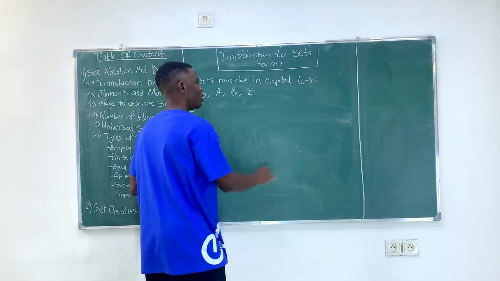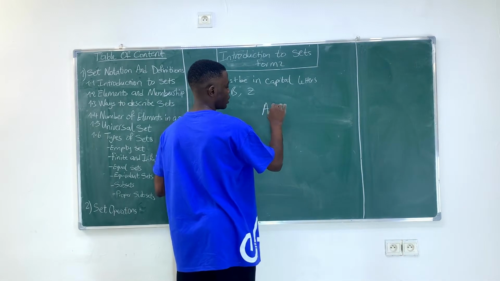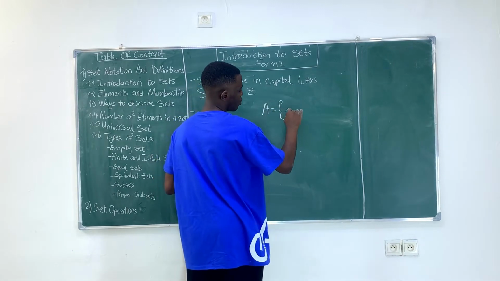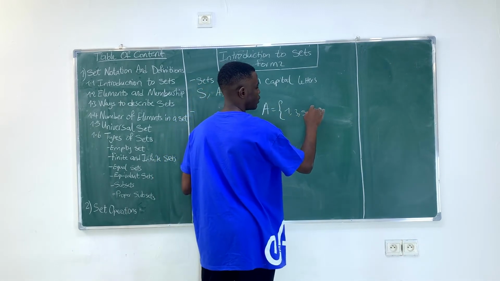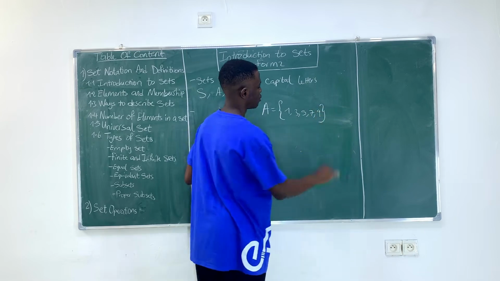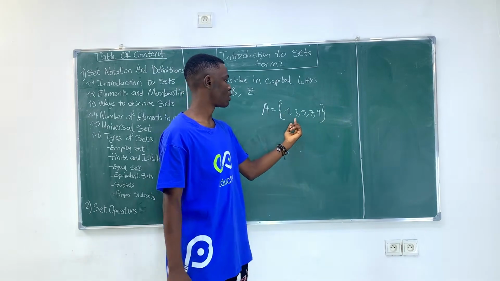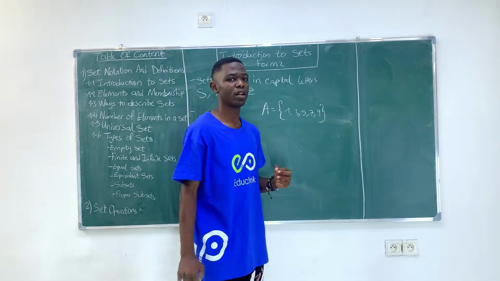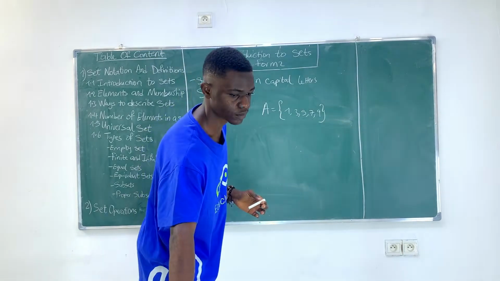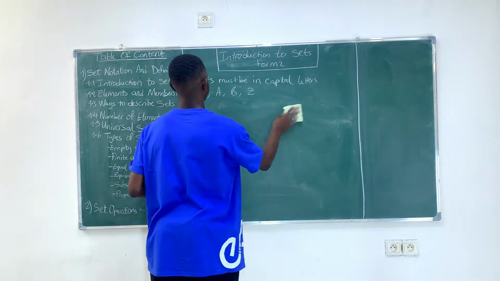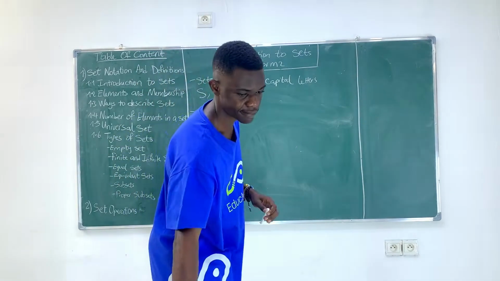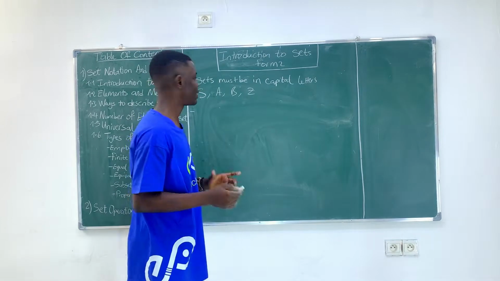For example, we have A equals {1, 3, 5, 7, 9}. So here you see set A has elements 1, 3, 5, 7, and 9. The elements of the set are these.